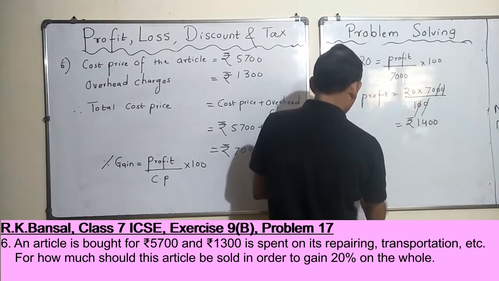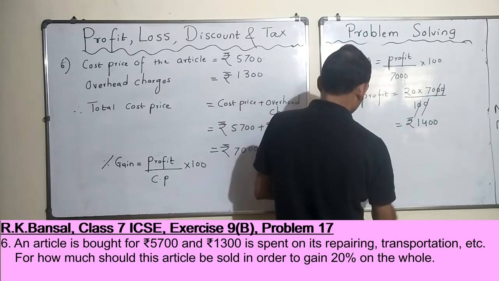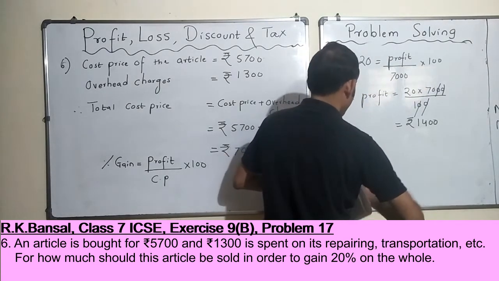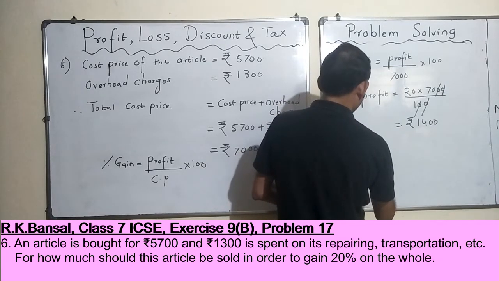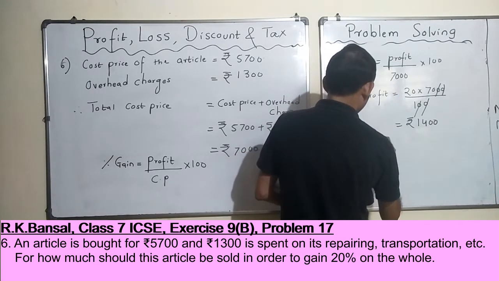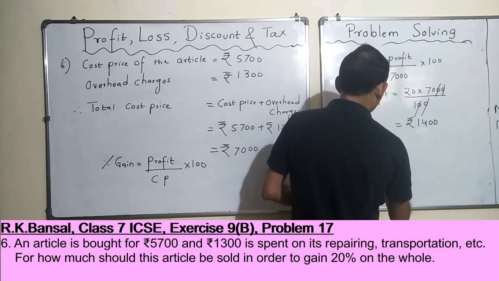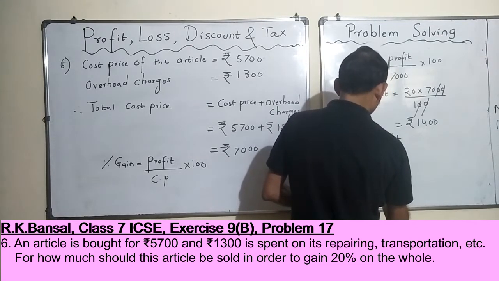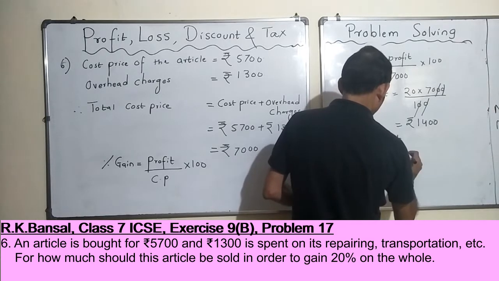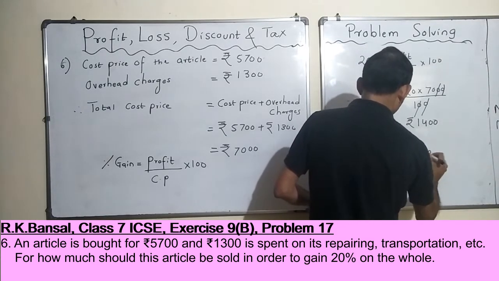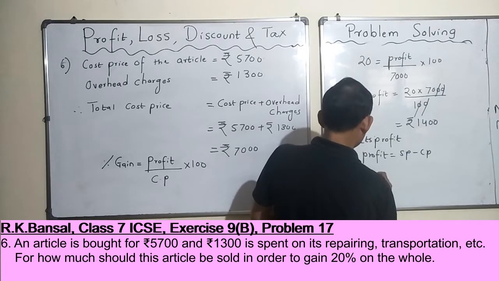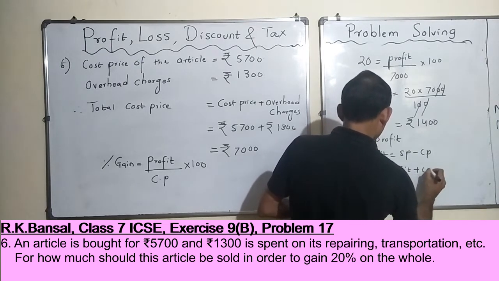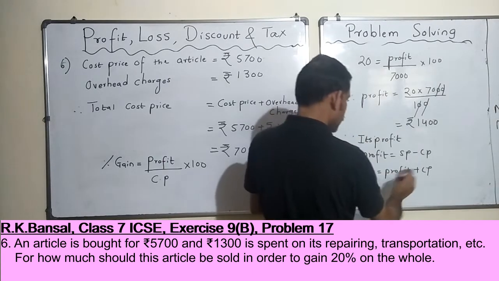So SP is equal to, since profit is equal to SP minus CP, therefore SP is equal to profit plus CP. You bring the cost price on this side, minus becomes plus.